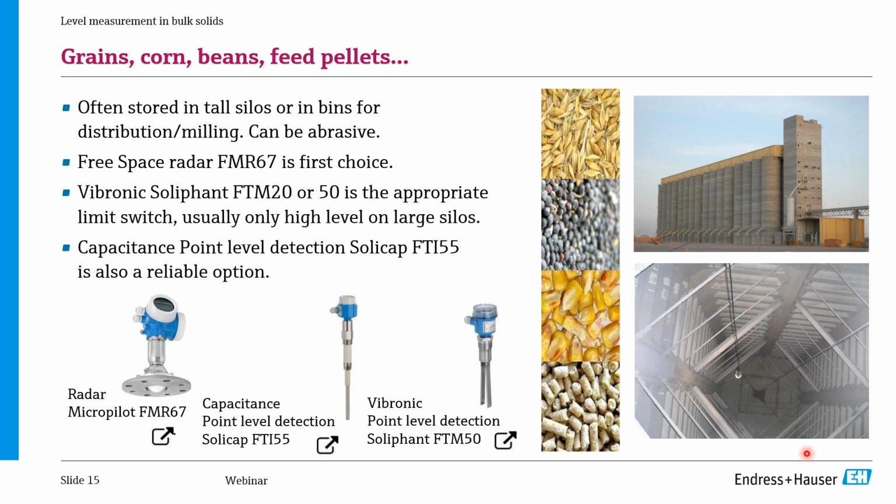Okay, so the FMR67, which is our 80 gigahertz radar, can handle all the dust from this kind of material in a very, very easy way. And for point level detection, both the vibronic or the capacitance switches can also be used, and they're working pretty well.